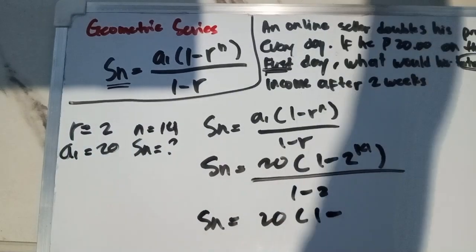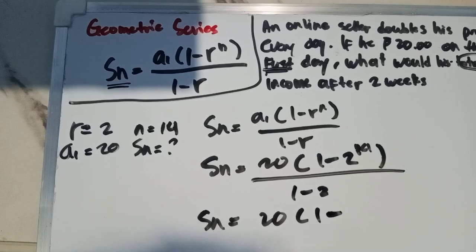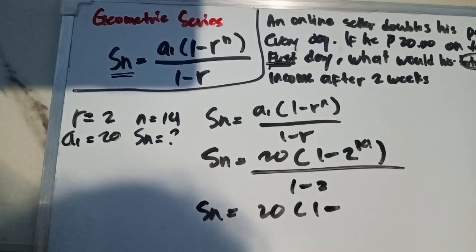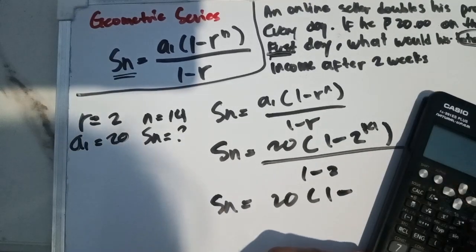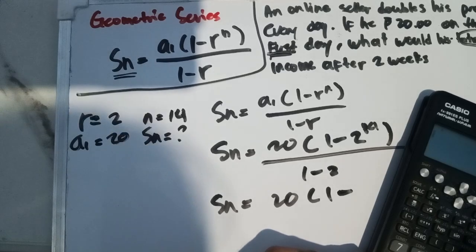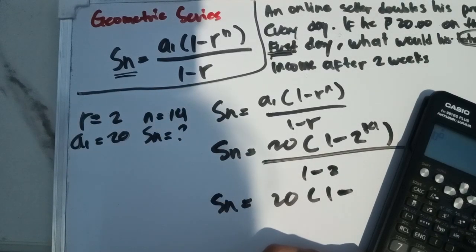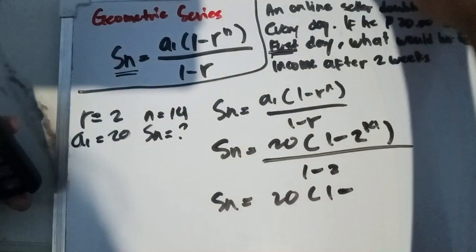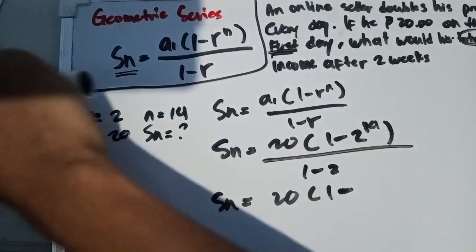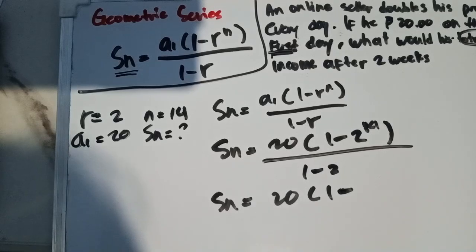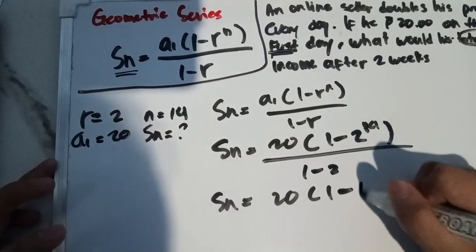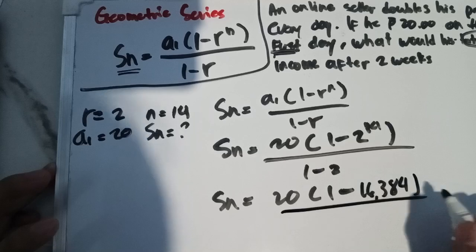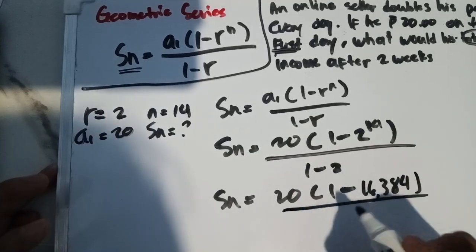Let's type 2 raised to 14 on the calculator. It is 16,384, over 1 minus 2, which is negative 1.